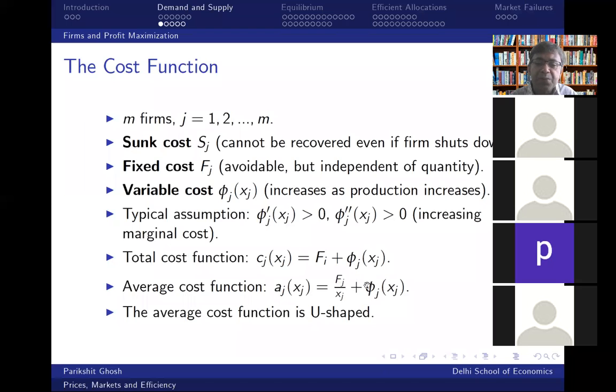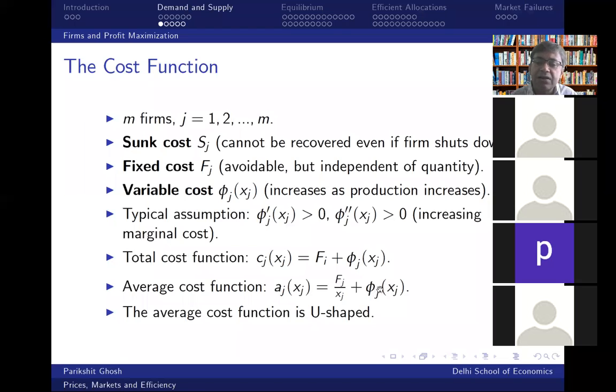Now, if you look at the expression for average cost, the first part is declining: as you increase quantity, the fixed cost per unit becomes smaller. So that part of average cost tends to pull down average cost as quantity increases.